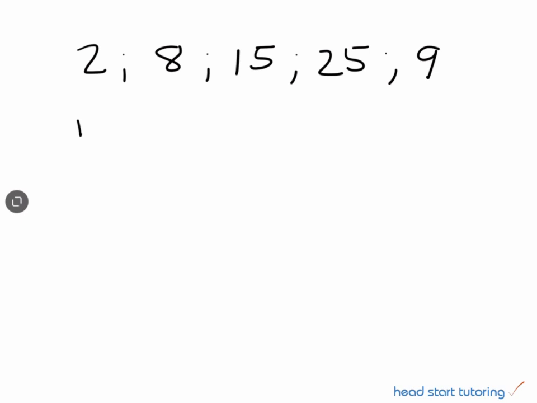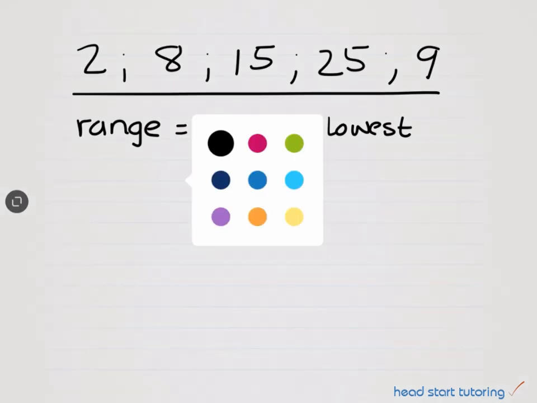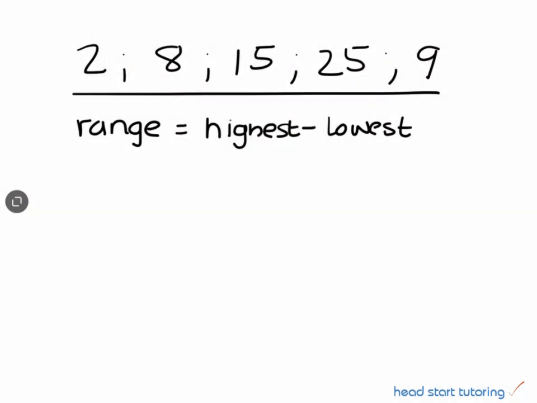If I wanted to find the range for this group of numbers, I need to subtract the lowest number from the highest number. So we find the difference between the highest and the lowest number. So we obviously need to identify the highest number.